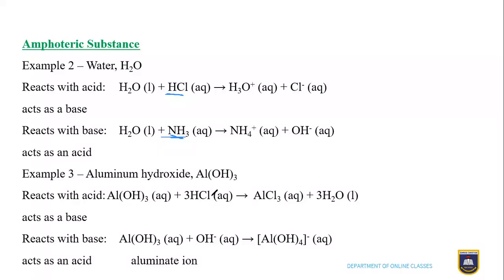Then we have aluminum hydroxide reacting with HCl. So aluminum hydroxide is acting as a base, and then reacting with OH minus, aluminum hydroxide acts as the acid. It forms aluminate ion, Al(OH)4 with a minus one charge at the top there. It's called aluminate ion.